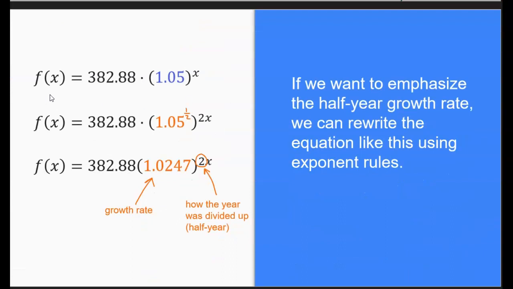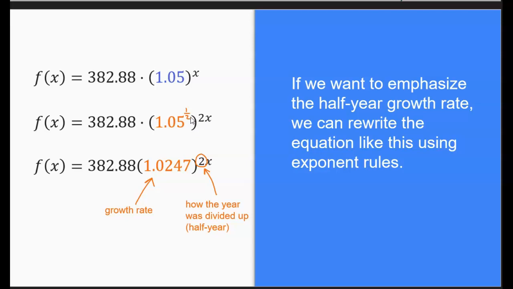So here's our original equation. 382.88 times the original 1.05 interest rate. If we want to emphasize the half-year growth rate, we can use exponent rules to rewrite the equation. So what we've done here, we've raised it to 1/2 and raised all of this to 2x.